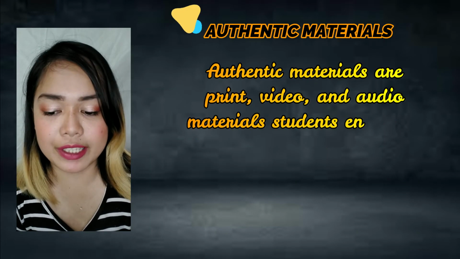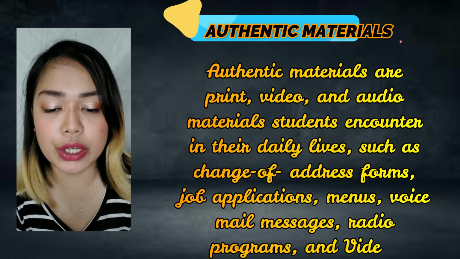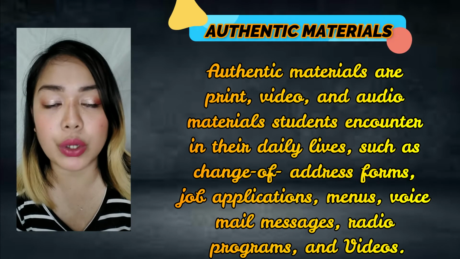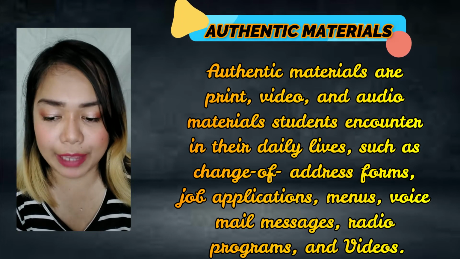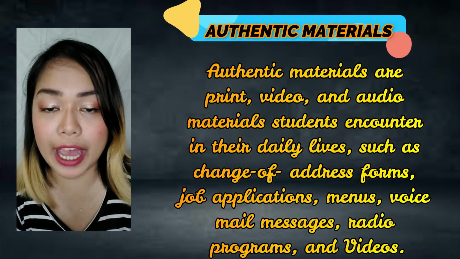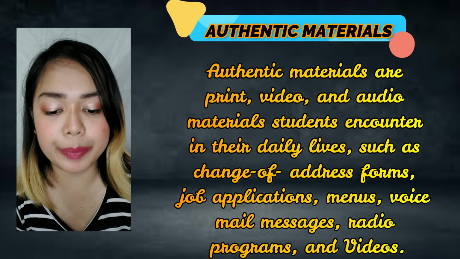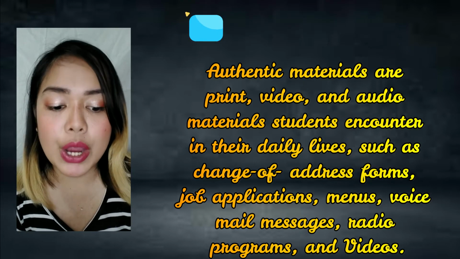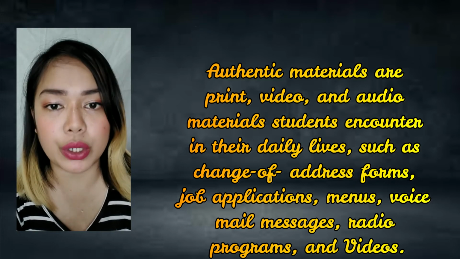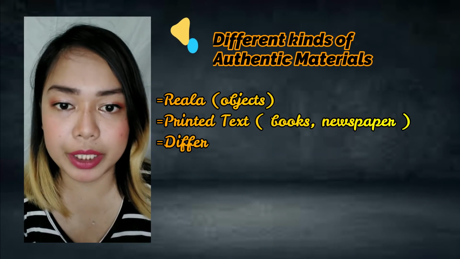Authentic materials. Authentic materials are print, video, and audio materials that students encounter in their daily lives, such as change of address forms, job applications, menus, voicemail messages, radio programs, and video. Different kinds of authentic materials.